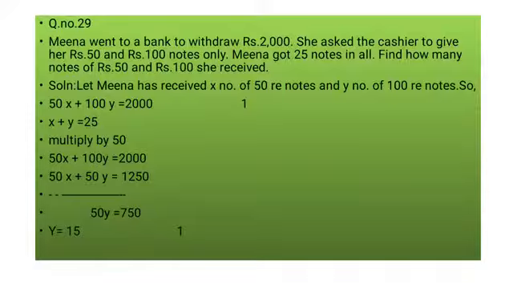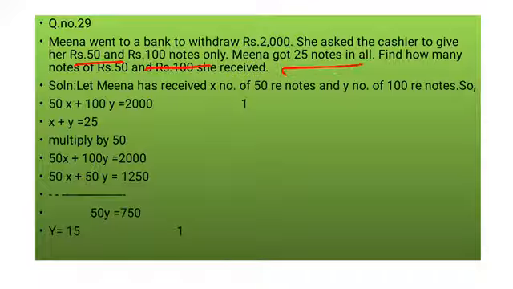Next question, question number 29, which is based on linear equation. Meena went to a bank to withdraw rupees 2000. She asked the cashier to give her rupees 50 and 100 notes only. Meena got 25 notes in all.